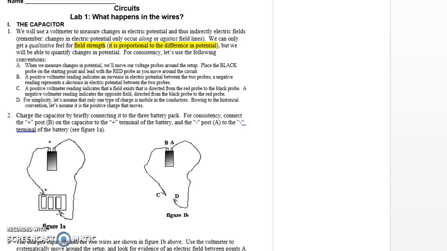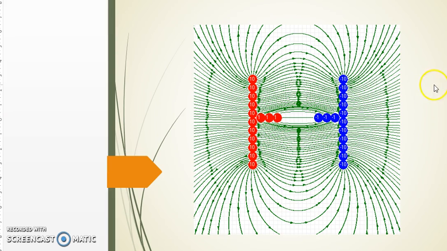This particular arrangement is suggesting to me that that may not be the case, because we know that the potential difference between these two plates is the same as the potential difference between the ends of the two wires, and yet clearly the field strength up here is different to the field strength down here. So I just have a question mark about that.